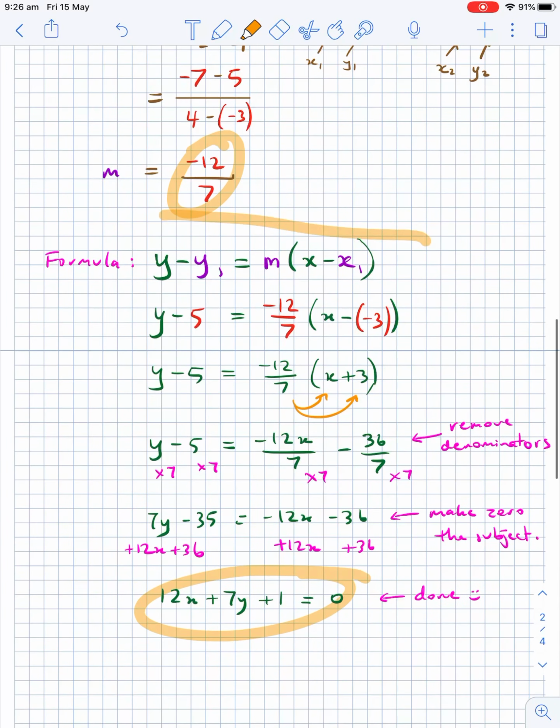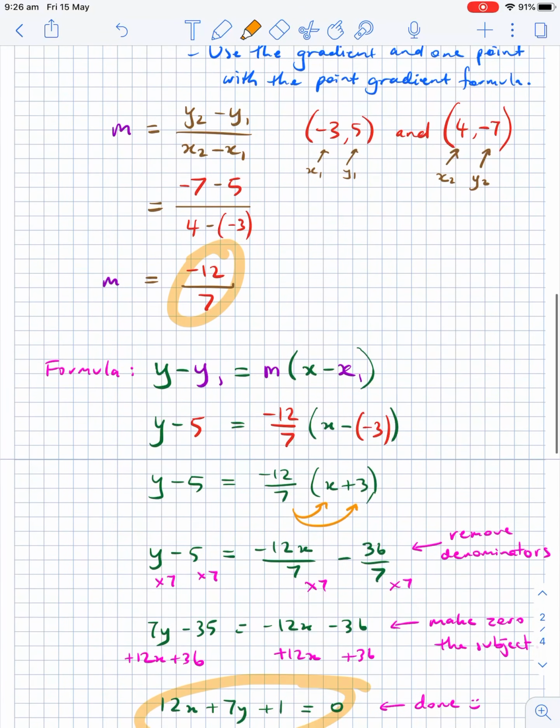We put it into the point gradient formula. So I've decided to pick y1 as my 5. I'm going to be using this point here, so I don't have to worry about this point for the formula. So my y1 changes to this 5 here, and my x1 changes to negative 3. So we're going to take away negative 3, so double negative makes a plus 3 inside there.